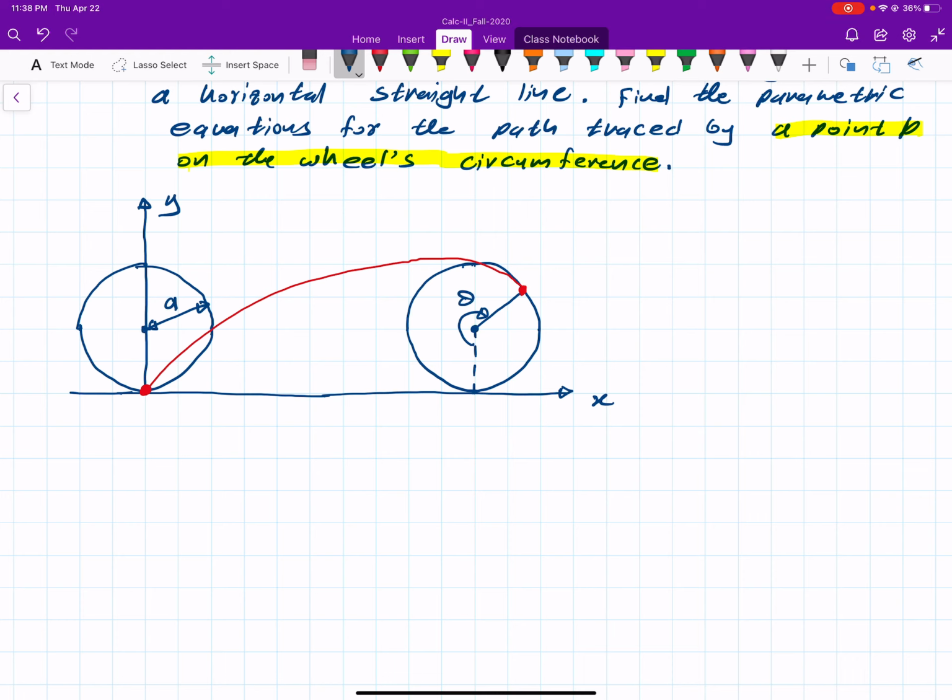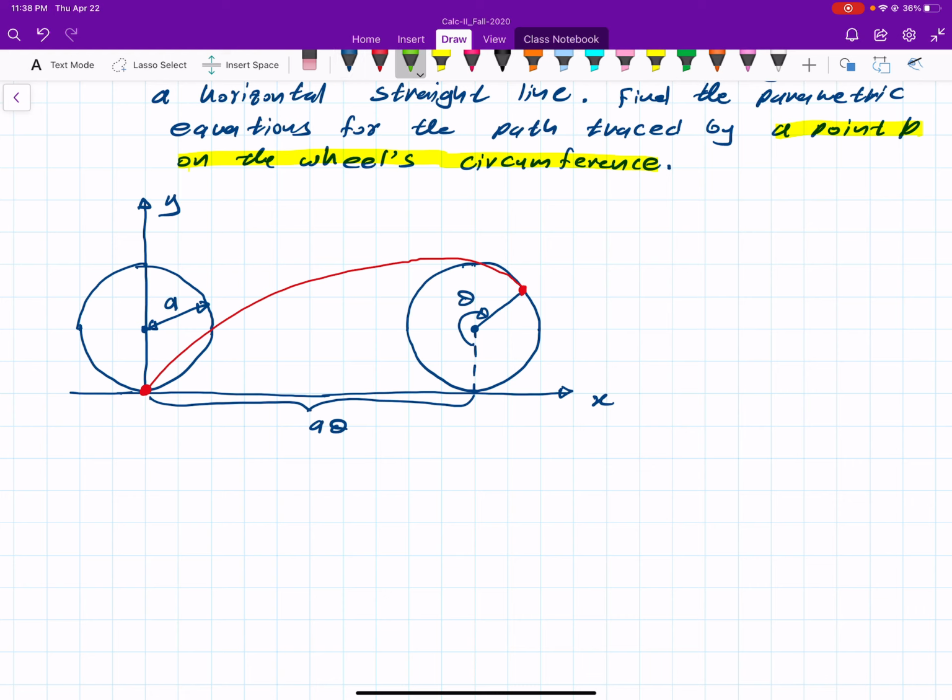The displacement of the radius is given by that length, which is actually theta. You can remember that this length is equal to that length.